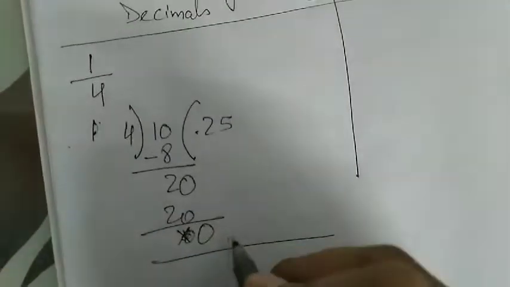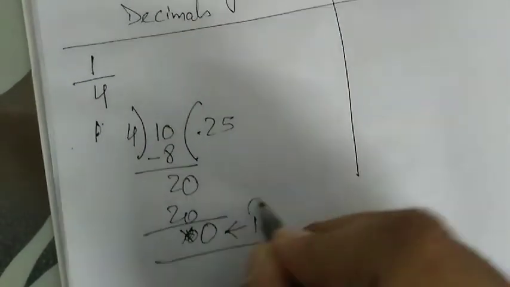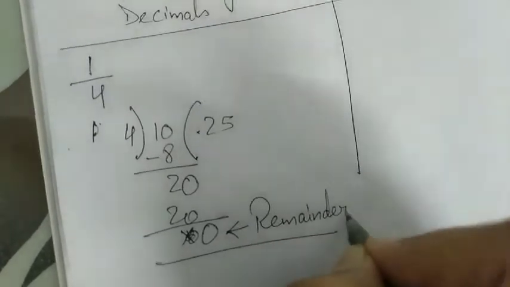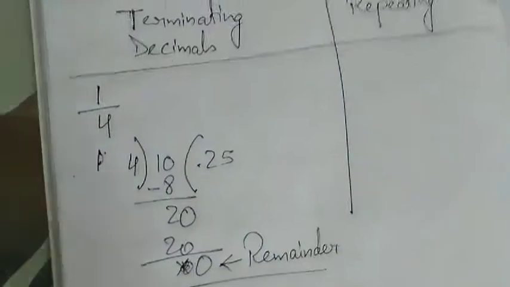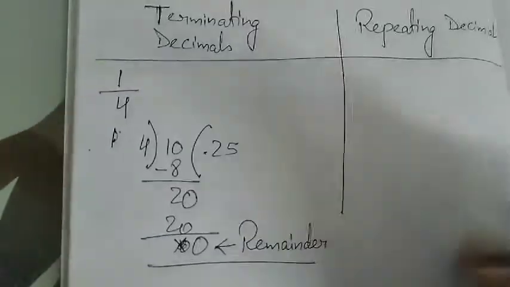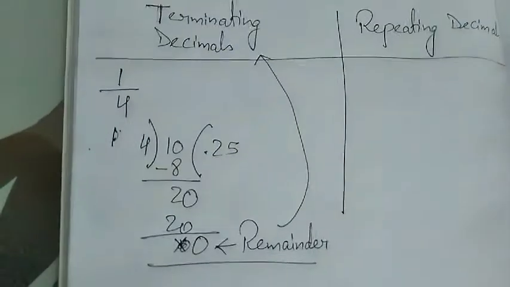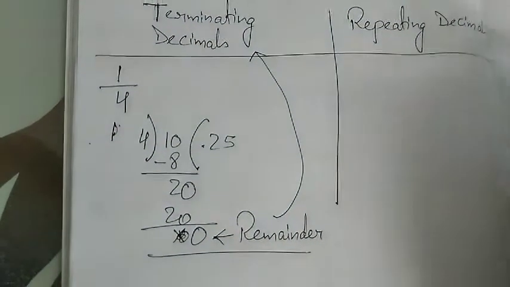So since we got this remainder as 0, every fraction whose remainder is 0 will be called a terminating decimal.